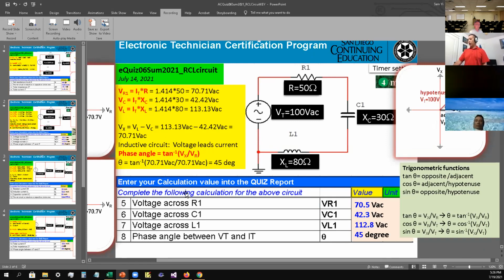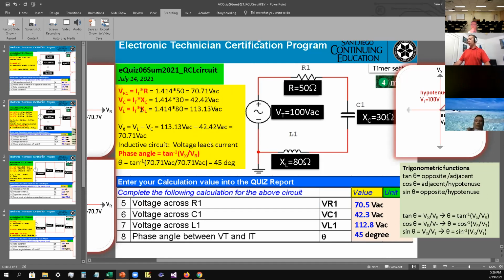Now they want to find the voltage across R1. That's question number 5. VR1 equals I total times R, or 1.414 amps times 50 ohms, which yields 70.7 VAC. So number 5 is 70.7 VAC.